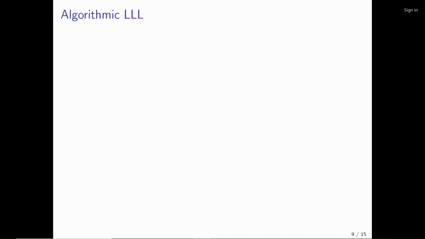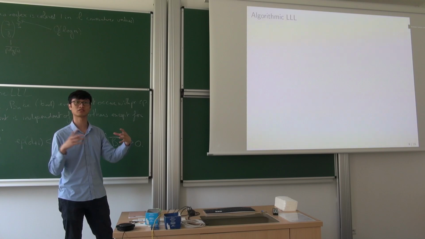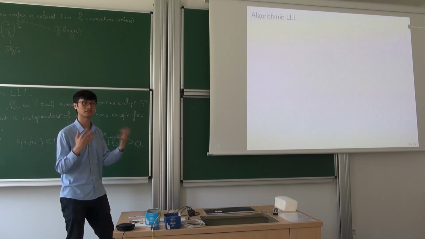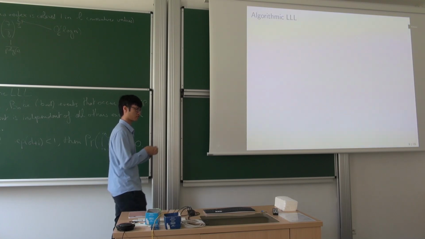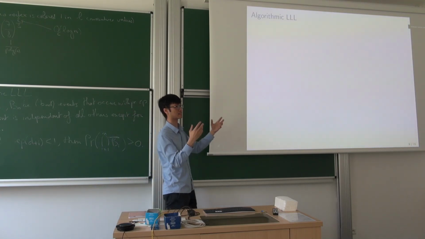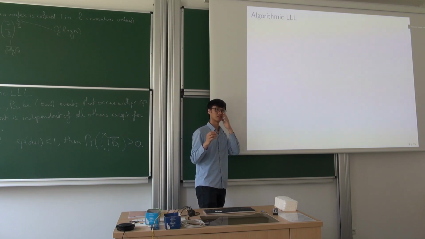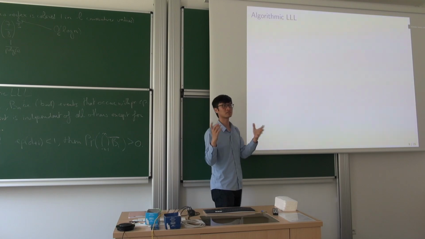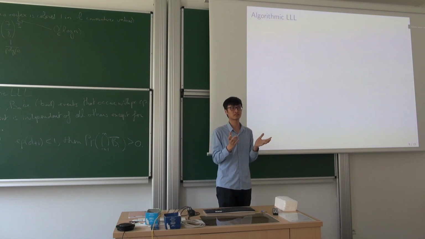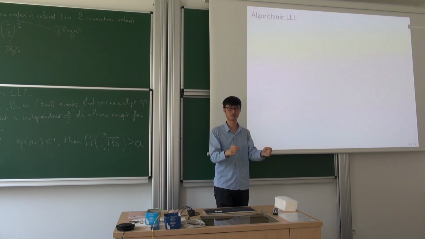Now, I want to talk about something that we call algorithmic LLL. The thing that I just presented is a non-constructive proof, right? Just existence. But somehow there's this idea behind it, which is very natural and which is algorithmic. This analysis seems a little bit hard, but what did I do? I just took a choice uniformly at random, and that's all I did.